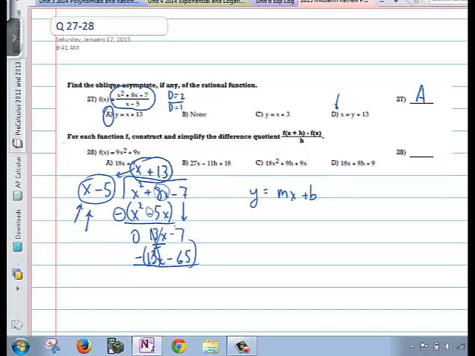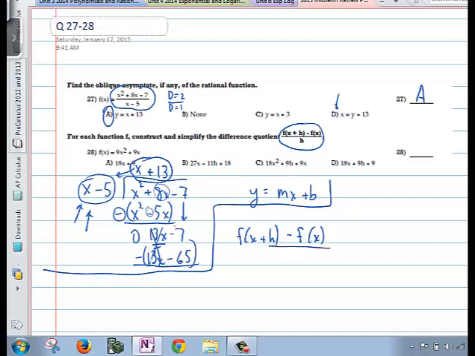So on the next problem, we want to simplify the difference quotient. So in simplifying the difference quotient, they give us what the difference quotient is. So here we have f of x plus h minus f of x all over h.